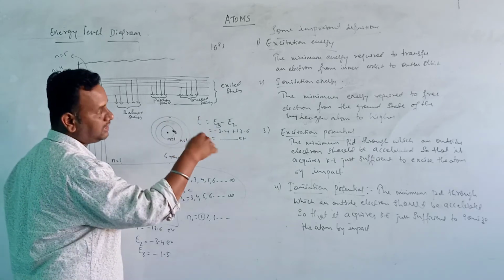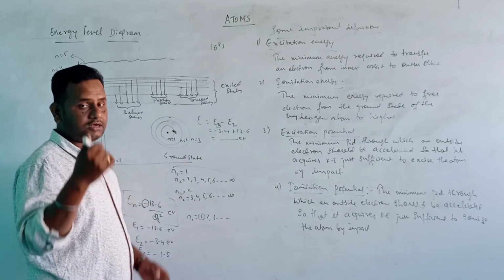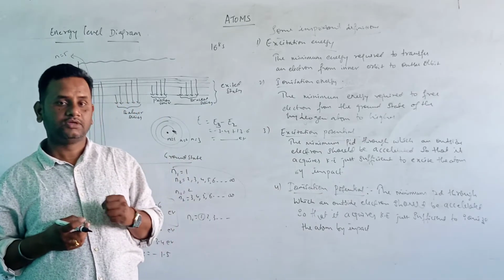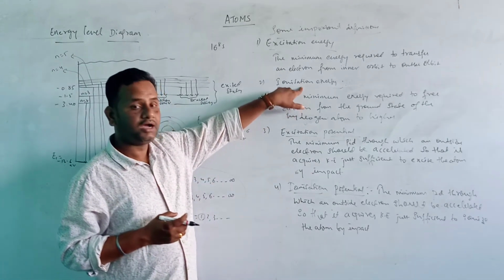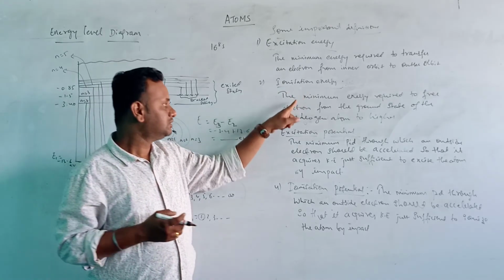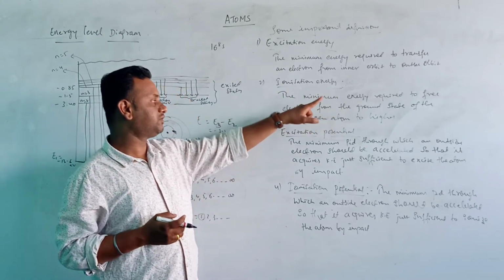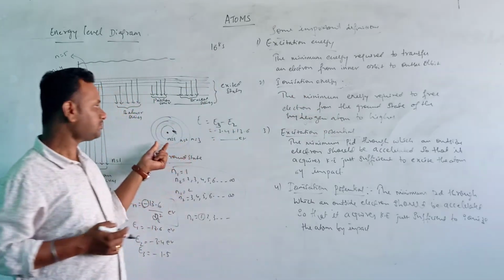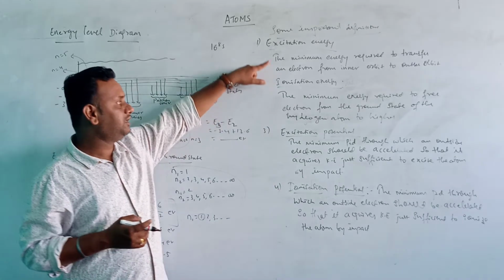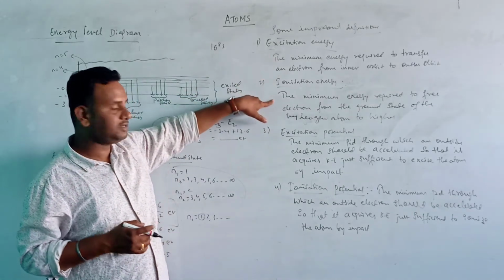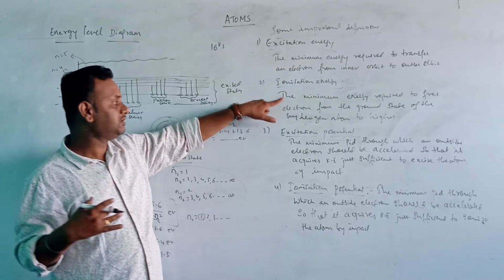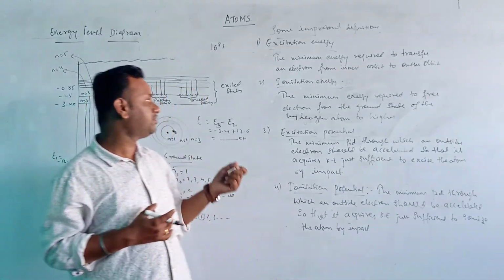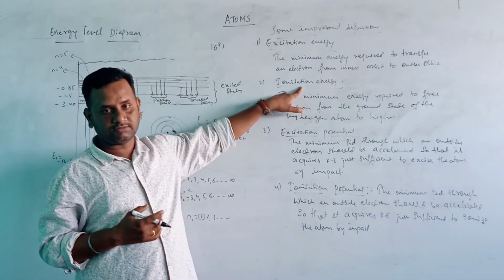So the minimum energy required to free the electron from the ground state is called ionization energy. The minimum energy required to free an electron from the ground state of the hydrogen atom is called the ionization energy. Here to get excited, and here to get free from the ground state.